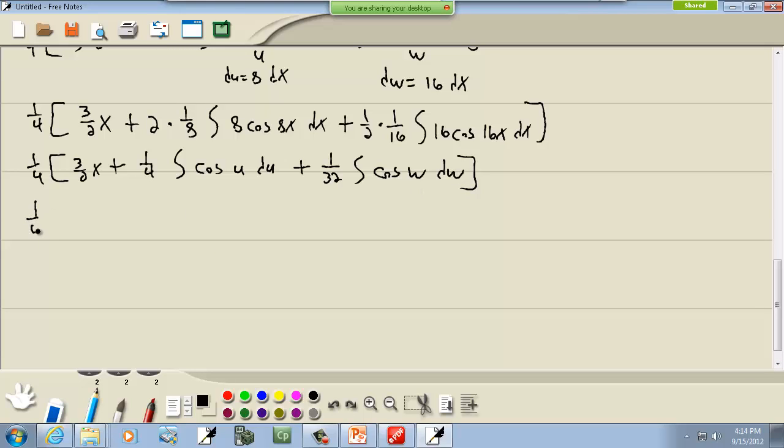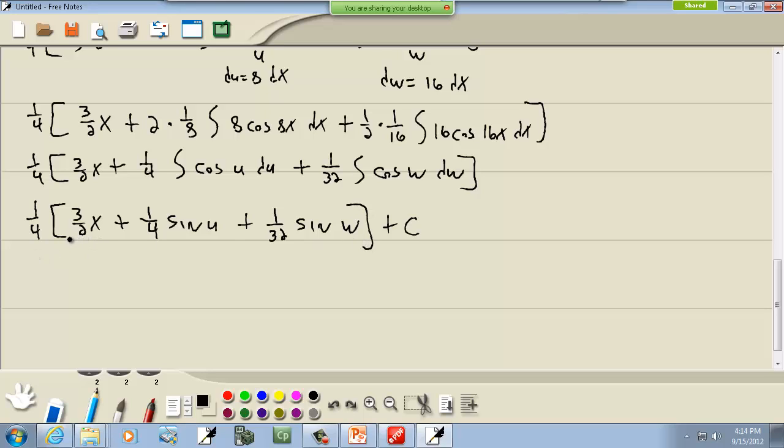Okay, so then we've got 1/4 times 3/2 x plus the integral of cosine is sine, so that's sine u plus 1 over 32, and this would be sine w, the integral of cosine w. And I'll put my plus c at the end.